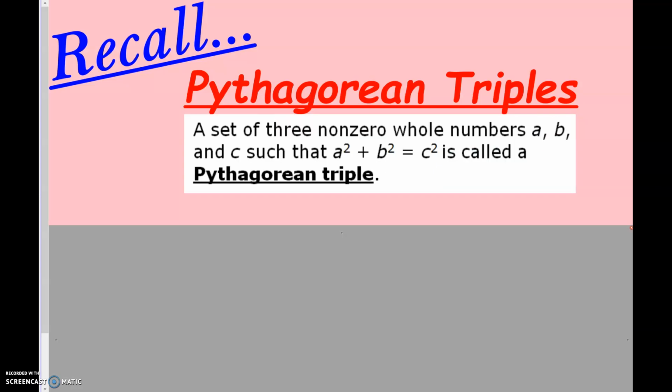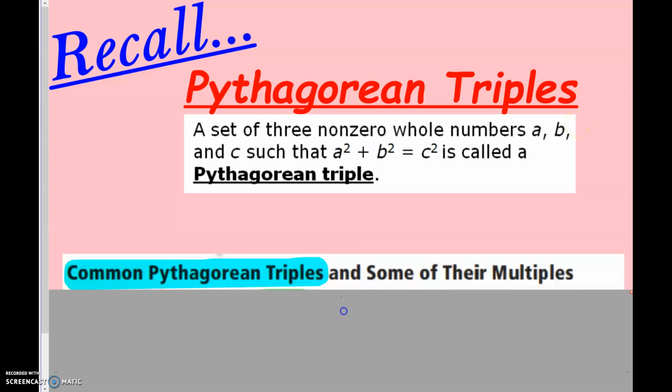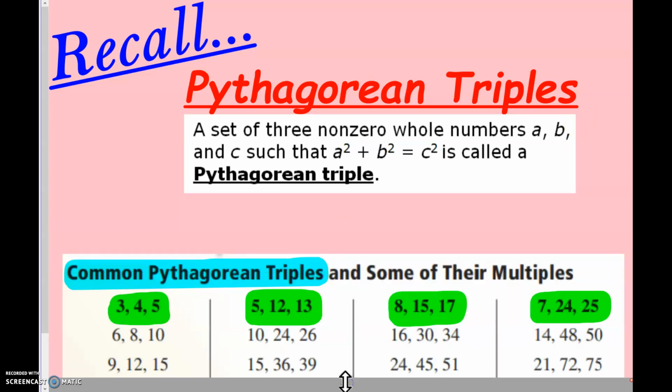All right, what is a Pythagorean triple? Remember, a Pythagorean triple is a set of three non-zero whole numbers such that a squared plus b squared equals c squared. Some Pythagorean triples are 3, 4, 5, because 3 squared plus 4 squared equals 5 squared. If we double it, we get 6, 8, 10.